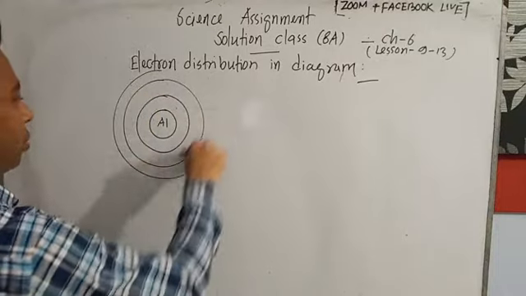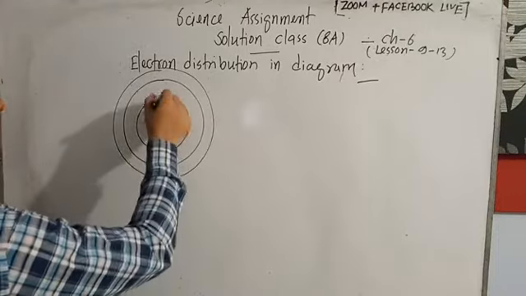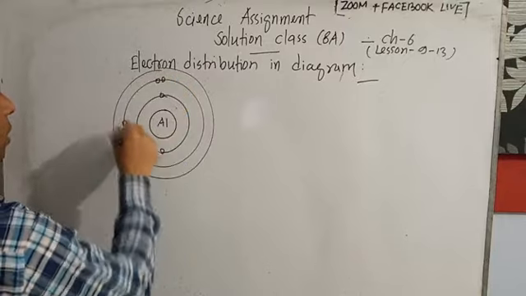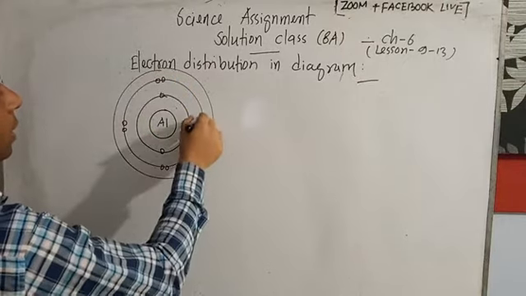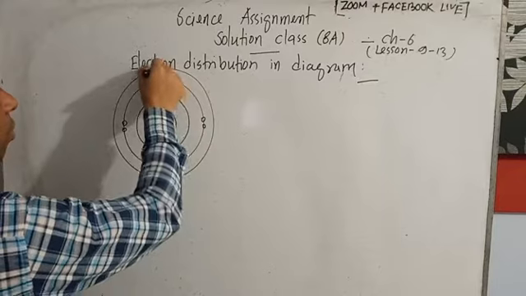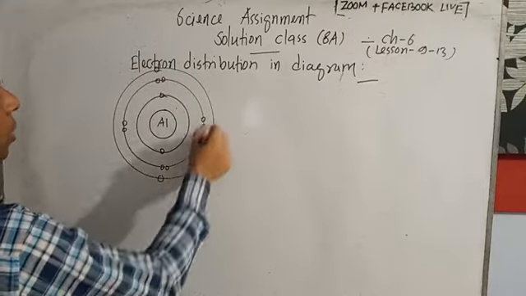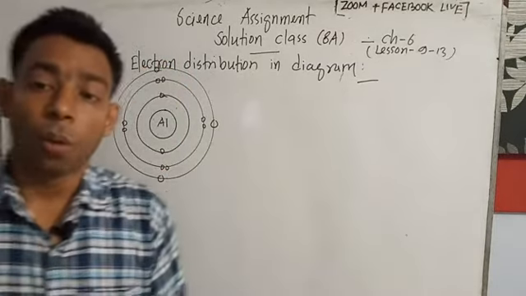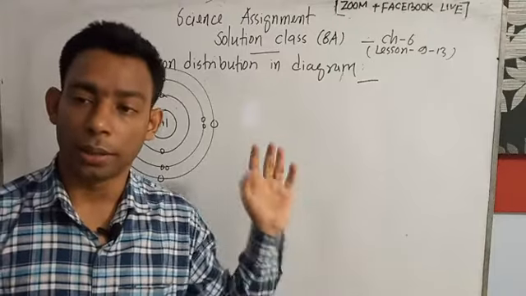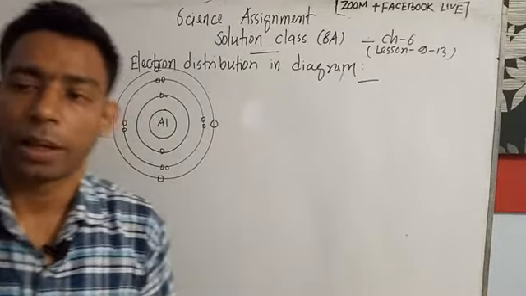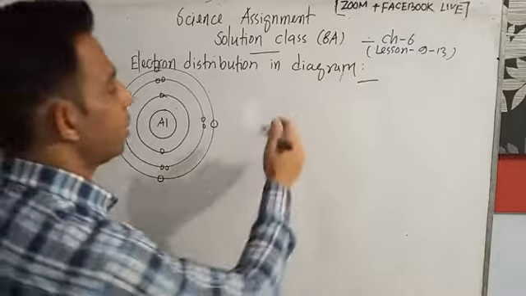Suppose I draw aluminium first: 2, 8 and 3. I draw this in my hard paper. When you draw all three diagrams, they should be on a single page, with no other writing or other things.